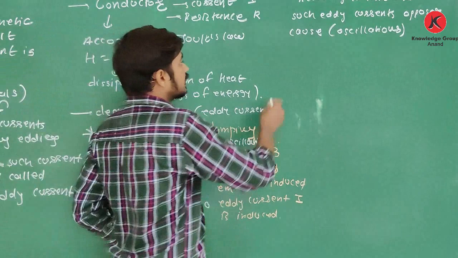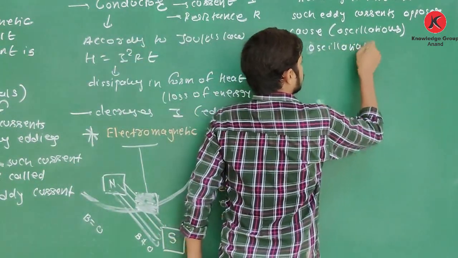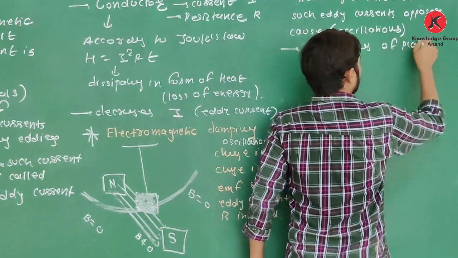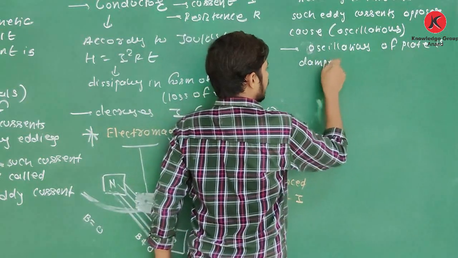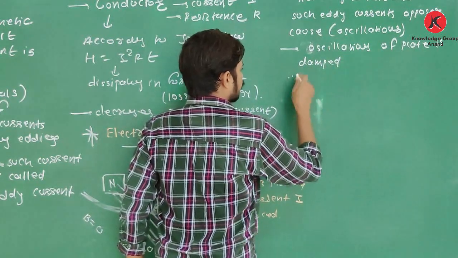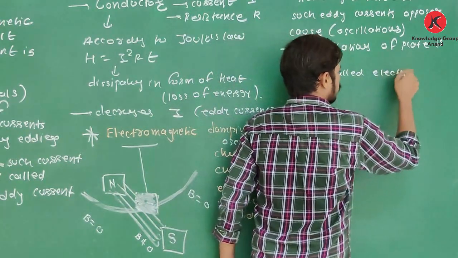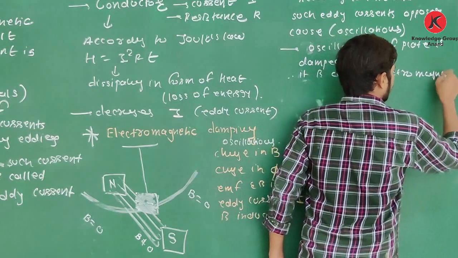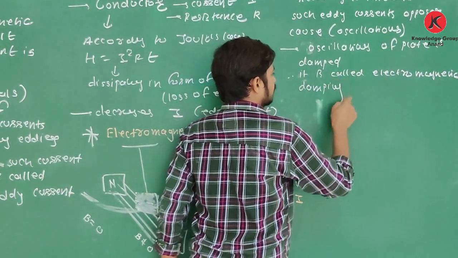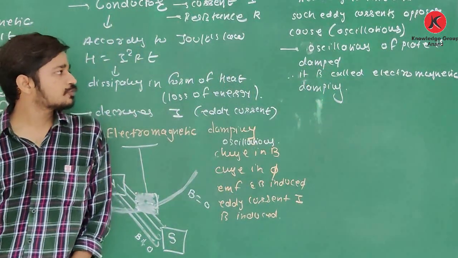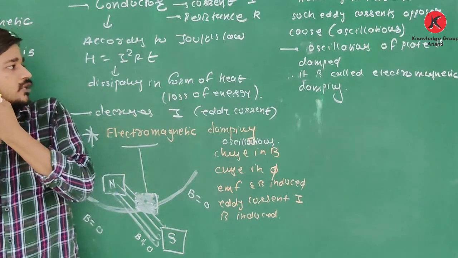So oscillations of plate are damped, and therefore it is called electromagnetic damping. Clear about this? Oscillations of plate are damped, and therefore it is called electromagnetic damping.